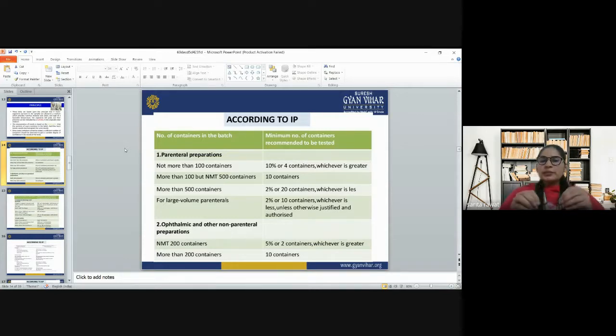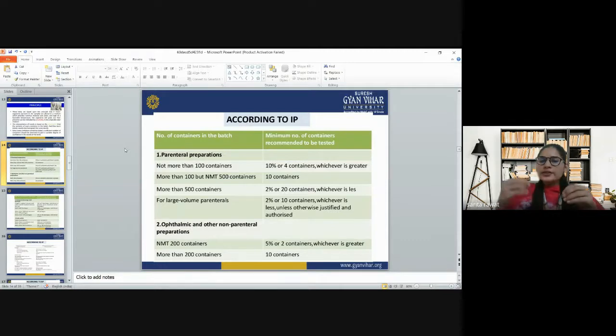If the parenteral preparation is not more than 100 containers, then 10% or 4 containers, whichever is greater, can be taken for sterility testing. If more than 100 but not more than 500 containers, 10 containers should be taken. If more than 500 containers, take 2% or 20 containers, whichever is less.